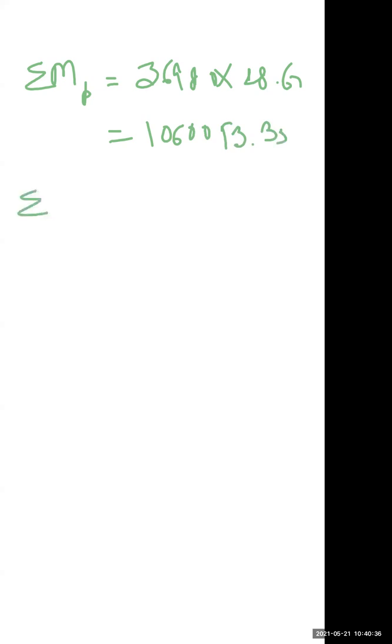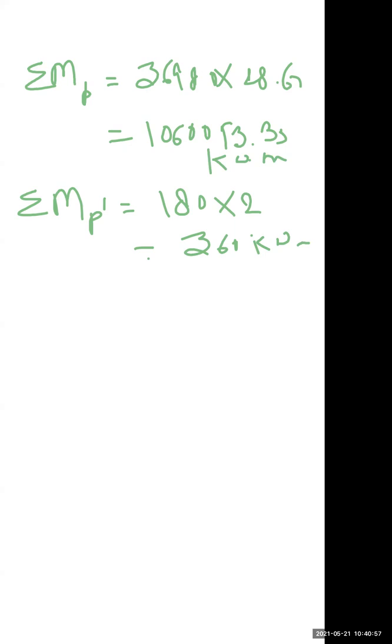Okay, next is the moment due to P dash force. The force acting in the downstream direction, a very simple calculation: 180 into 2, that is simply 360 kilonewton meter. Write also the unit.